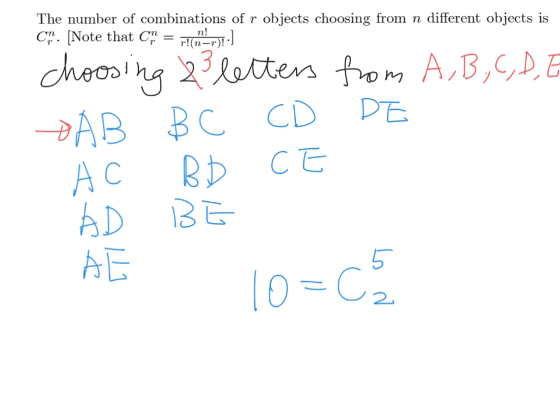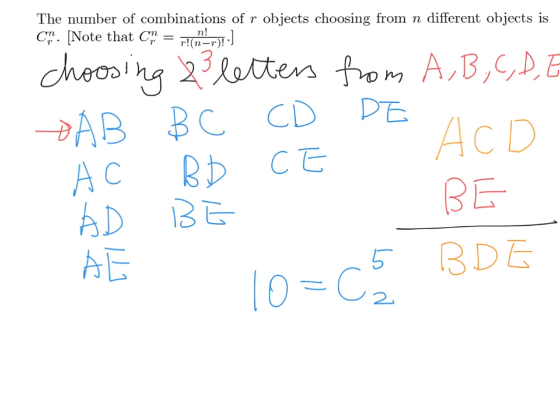Now I want to choose three letters from A, B, C, D, and E. For example, I can choose A, C, and D, but choosing A, C, and D means that I drop B and E. If I choose B, D, and E, it is equivalent to dropping A and C. So the number of ways to choose three letters is just the number of ways to drop two letters.